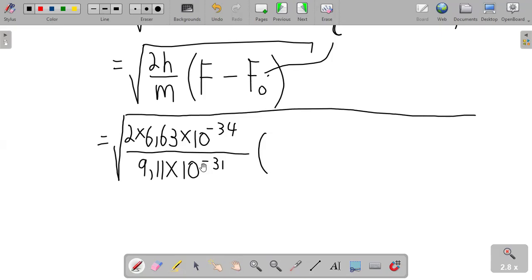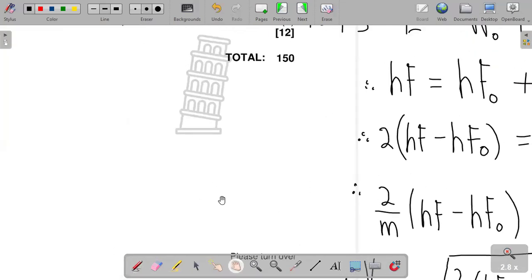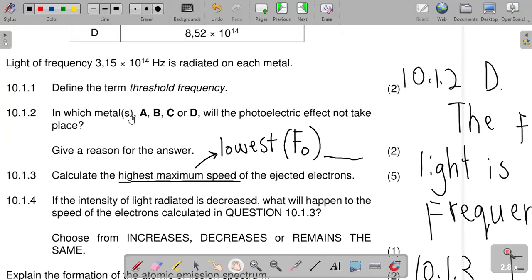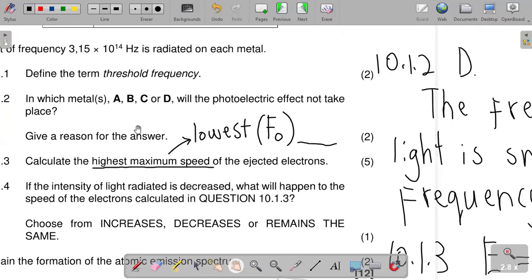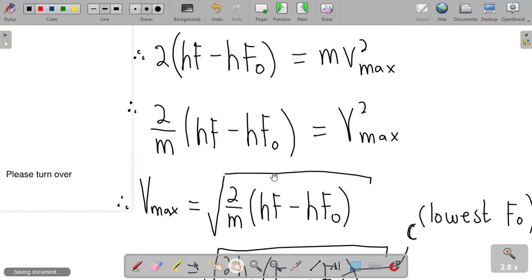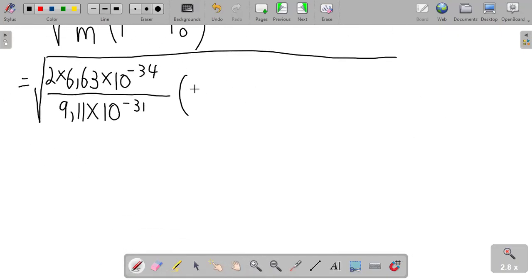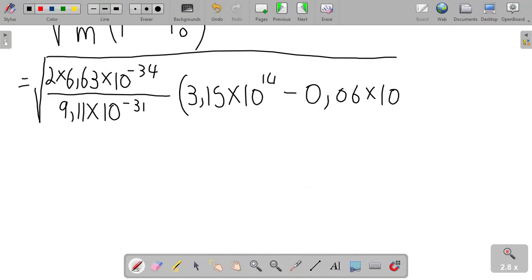The frequency of the incident light is given as 3.15, yes, it's 3.15 times 10 to the 14. So it's 3.15 times 10 to the 14, and then minus 0.06 times 10 to the 14, then equals to.